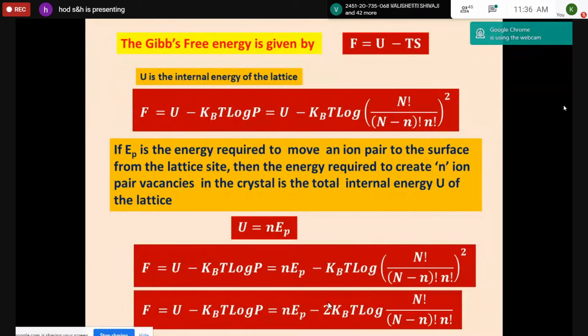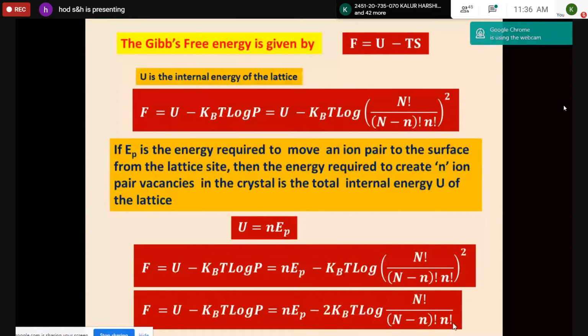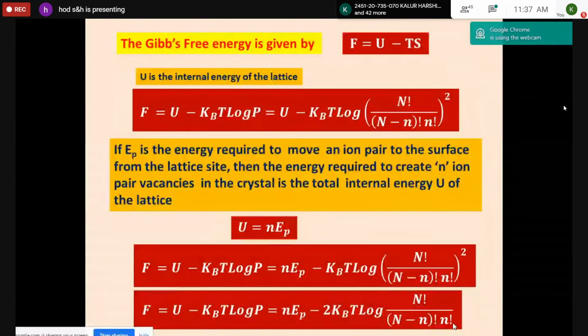So you can bring this 2 here. So the final expression becomes F is equal to nEP minus 2 kBT log of N factorial by (N minus n) factorial into n factorial. This is the expression for Gibbs free energy. Please copy this.